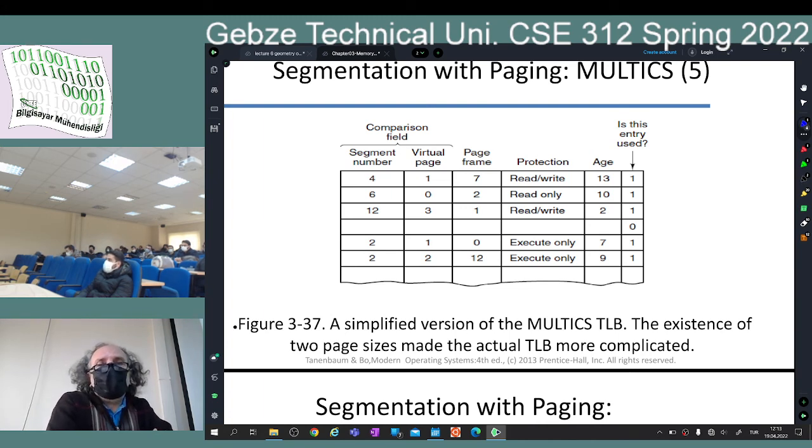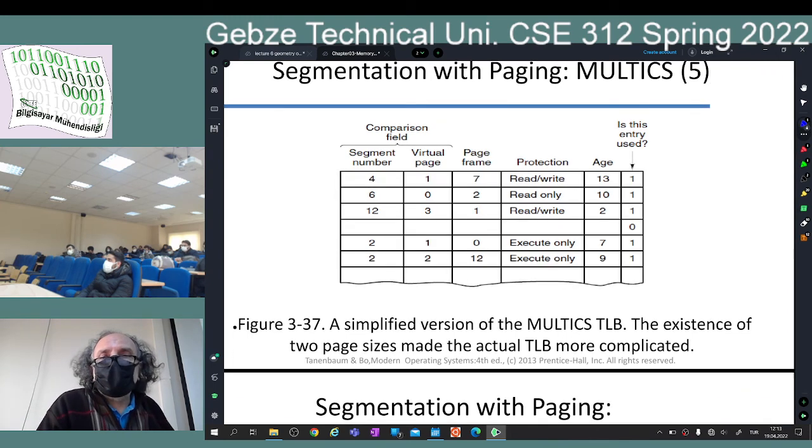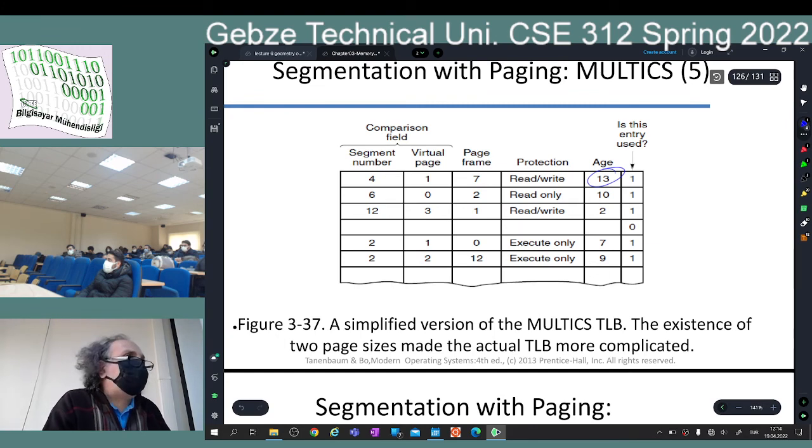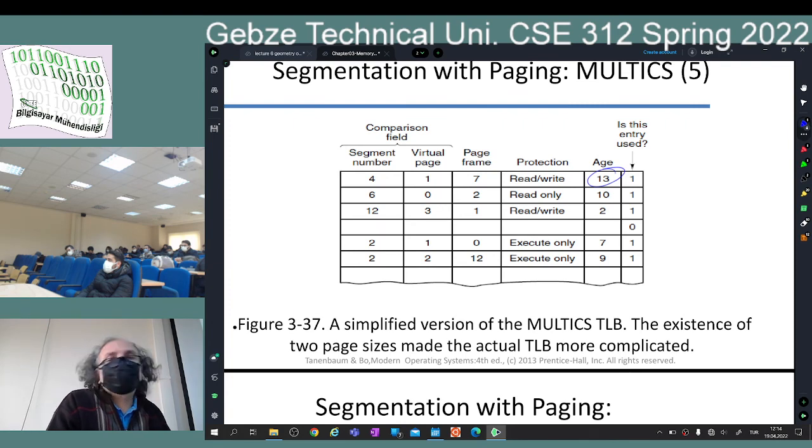But if I reference them after each clock interrupt, they get younger. So this way, if I'm going to replace one entry from this TLB, in this case it looks like the oldest one is this one. Let's replace this one. Nobody is referring to it. So the least recently used, or the not frequently used with aging algorithm, comes from MULTICS actually. Okay, so this is the TLB structure, very parallel to what I told you before about the TLBs and the page replacement algorithms.